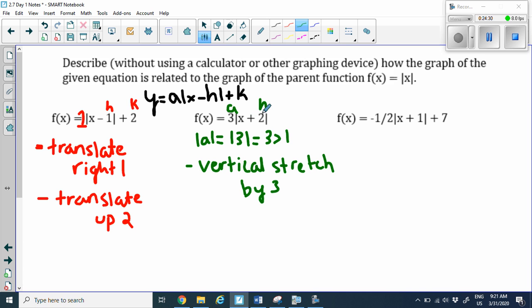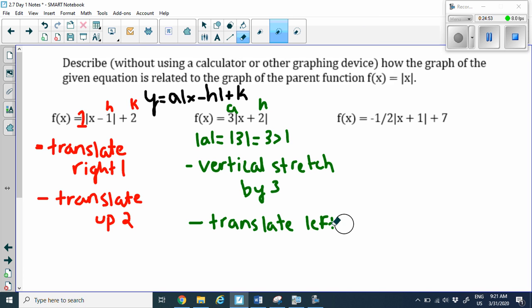So it looks like because I have a plus h, remember we do the opposite of what we see, so that means I translate left 2. And since there's no k value, I don't do any vertical shifts.